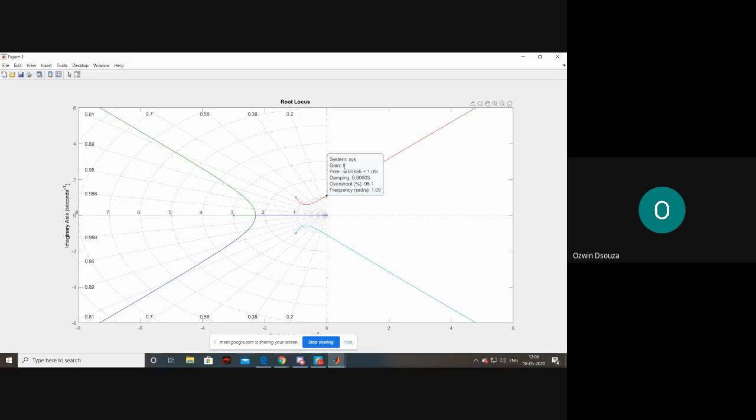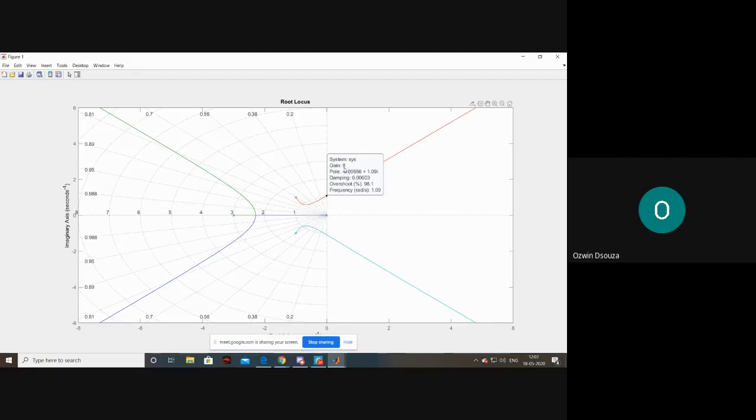Let's see in our theoretical calculation what we got as the k marginal value. K marginal, we got it as 8.16. And here we are getting 8. That's okay, because manually I'm placing the point. So it is agreeing with the marginal value of k.